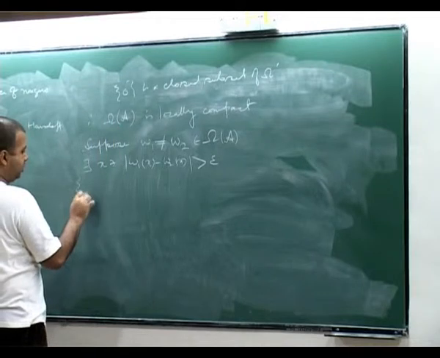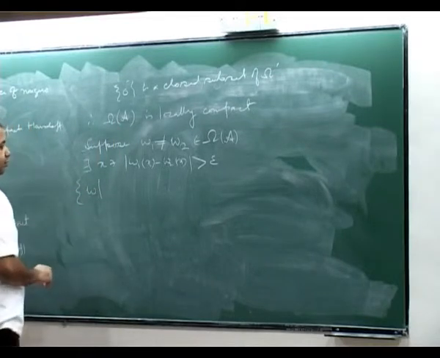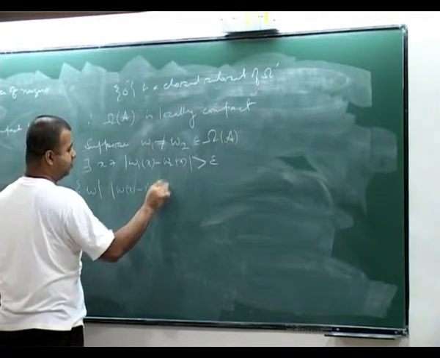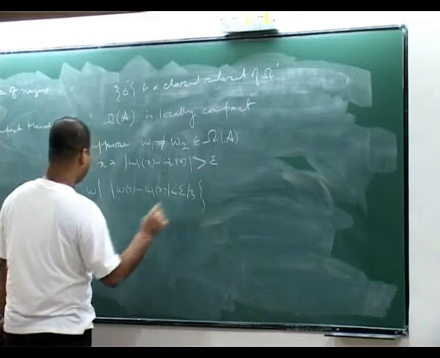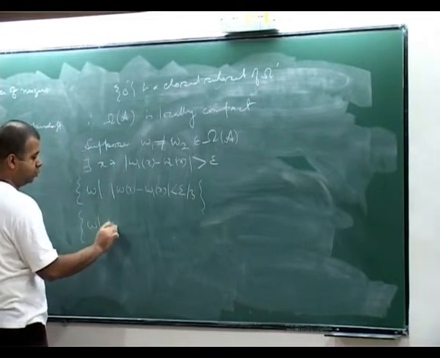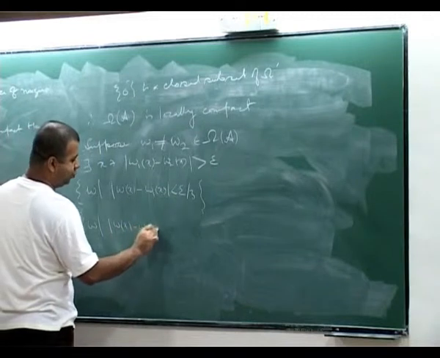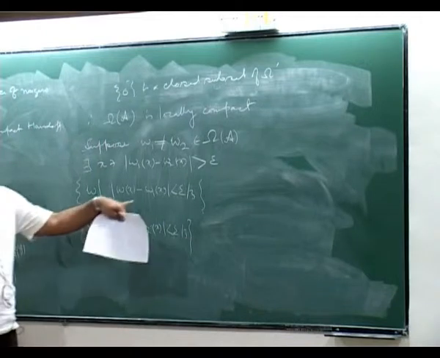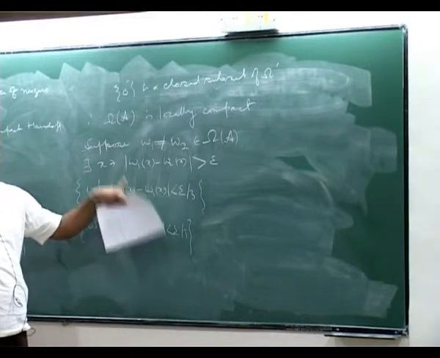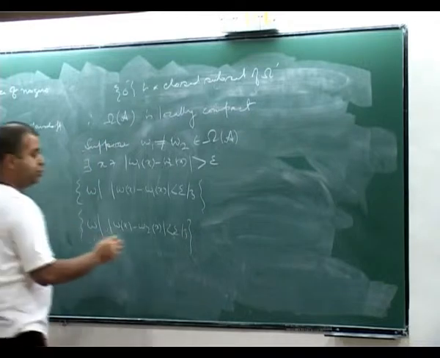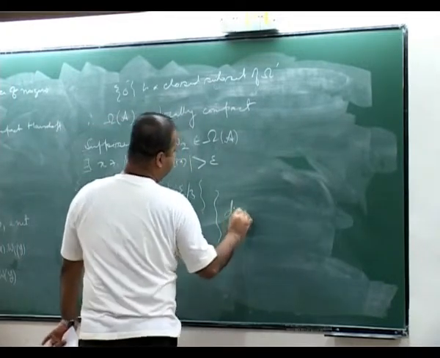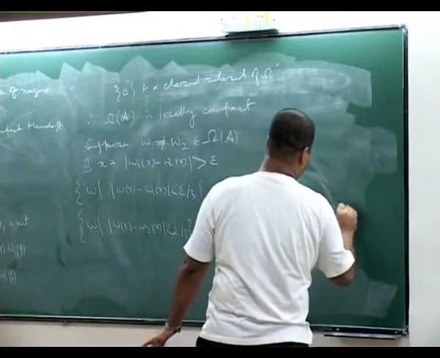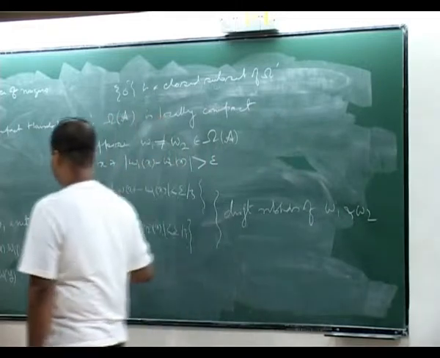Now consider these sets of omega such that, so these two sets are disjoint because it is within epsilon by 3 of this, it is within epsilon by 3 of that, but these two are more than epsilon apart. So these two are disjoint neighborhoods of omega 1 and omega 2. So this is Hausdorff.